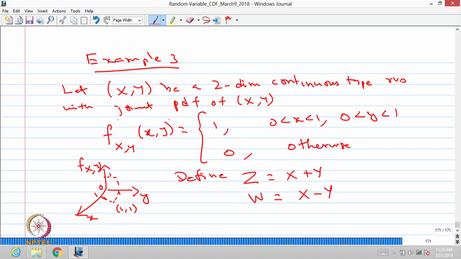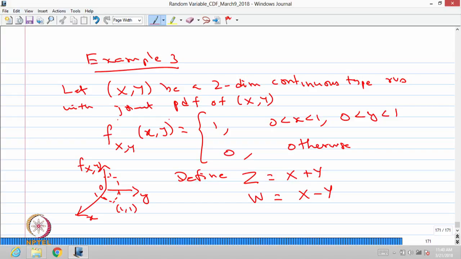Both x and y are continuous type random variables. The way we defined z as x plus y and w as x minus y, you can immediately say both are going to be continuous type random variables. Therefore, if the question is to find the distribution, either you can find the CDF of z comma w, or, since both random variables are of the continuous type, you can find the joint probability density function.